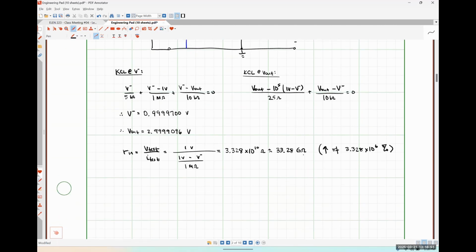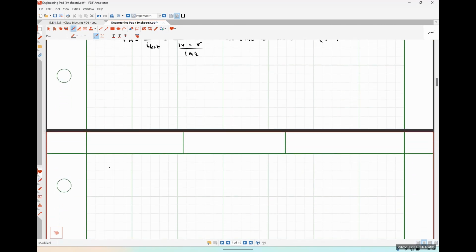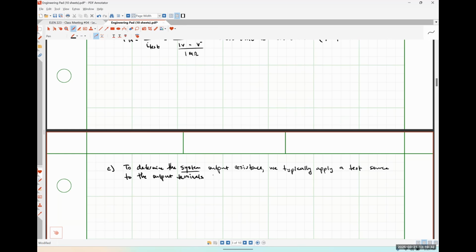Now let's calculate R out. So to determine the system output resistance, we typically apply a test source to the output terminals of the system while short circuiting the input terminals.